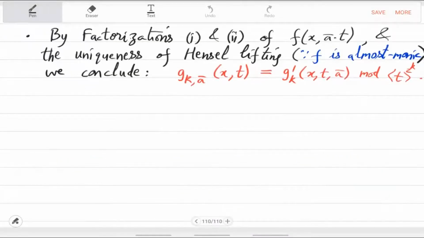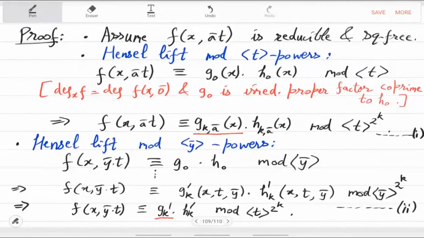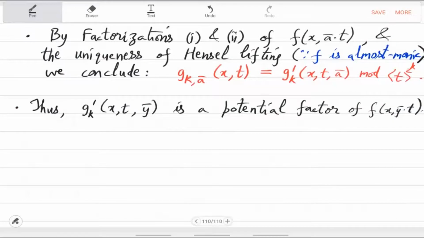For that, let us just record that gk prime x comma t comma y bar is a potential factor of f x comma y bar t, but we do not know whether it actually divides f x comma y bar t exactly.